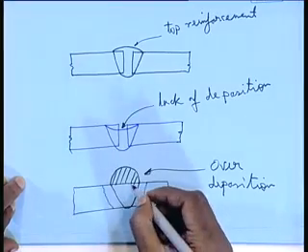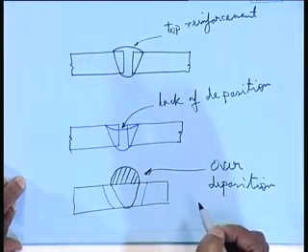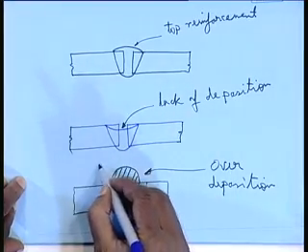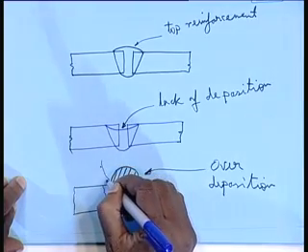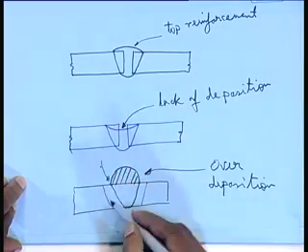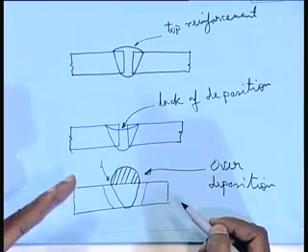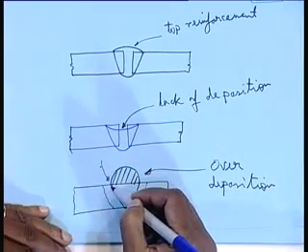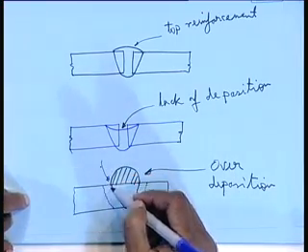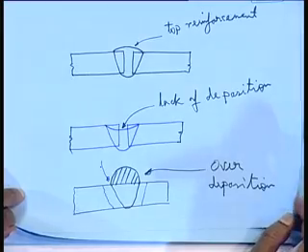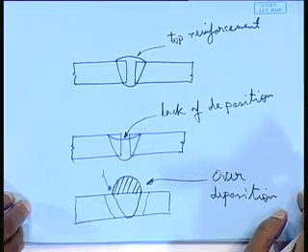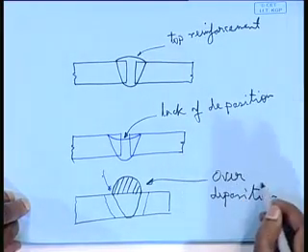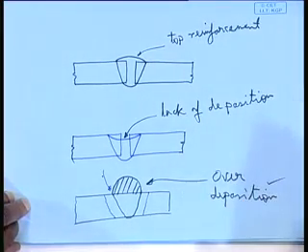The other aspect is the local stress concentration, because here at this corner there is a sudden change in the cross section. So, a stress concentration is expected, and that is not desirable. So, over deposition can also be taken as a defect.